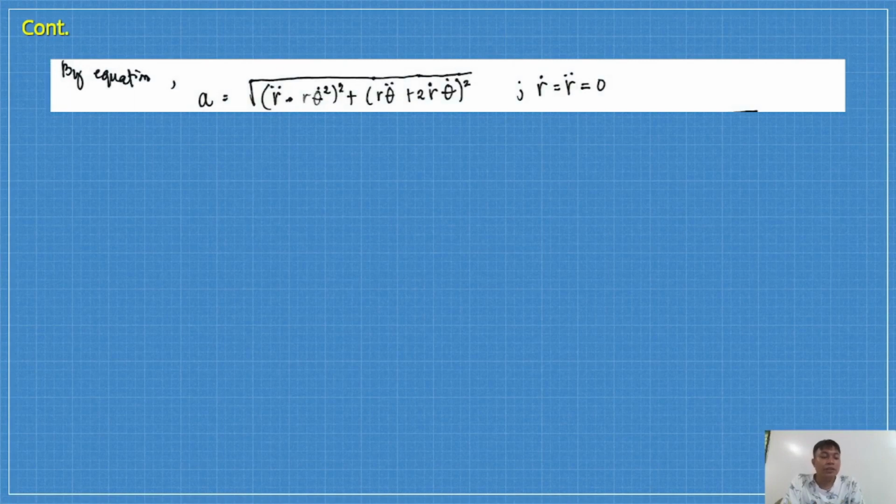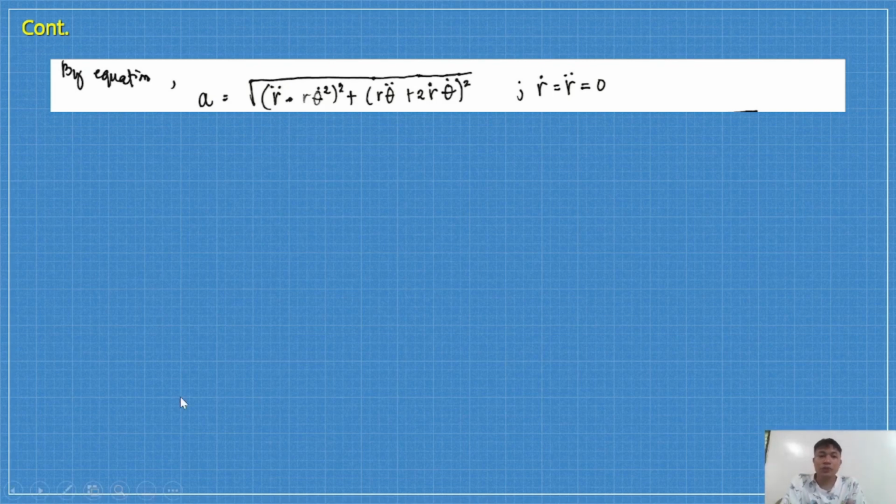So, continuing, by equation, a is equal to alpha r, r double dot minus r theta dot squared, plus r theta double dot plus 2 r dot theta dot.